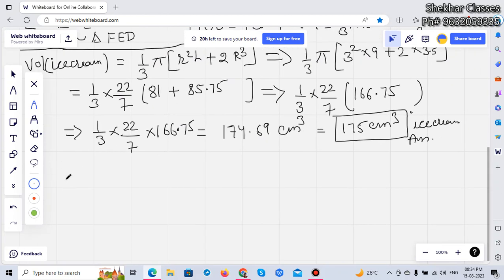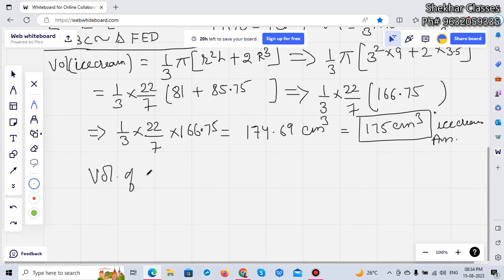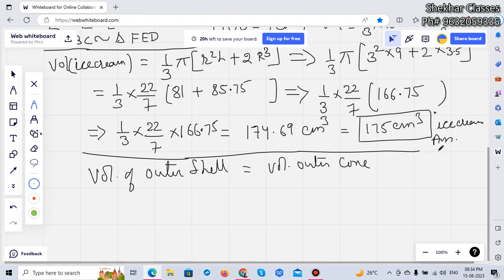Volume of shaded part, what they have given the term as outer shell, is equal to volume of outer cone minus volume of inner cone. Simple.